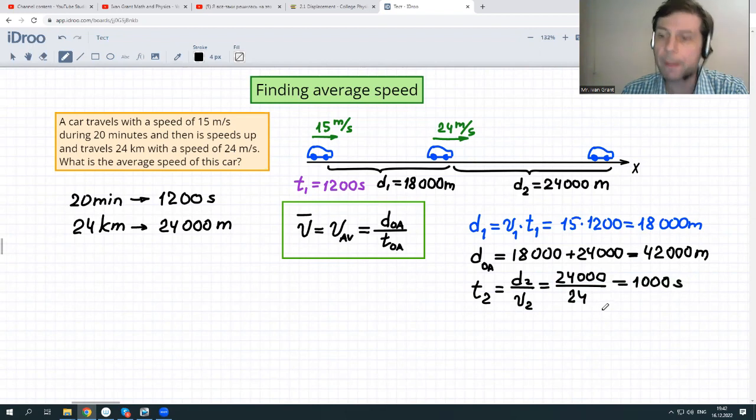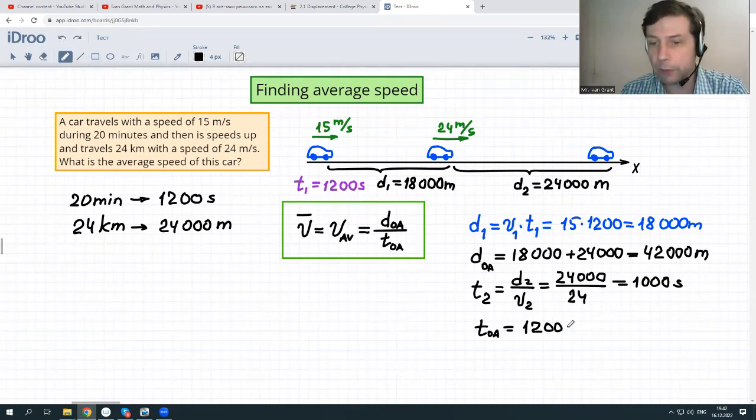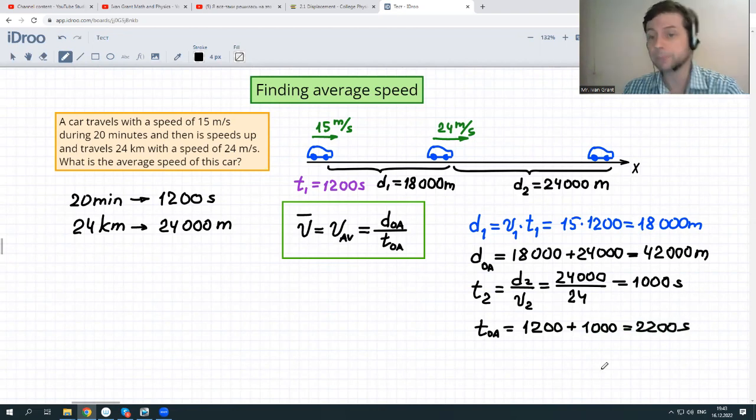That means the time overall, all the time of this travel, is just the addition of those two numbers: 1,200 and 1,000, which gives us 2,200 seconds.